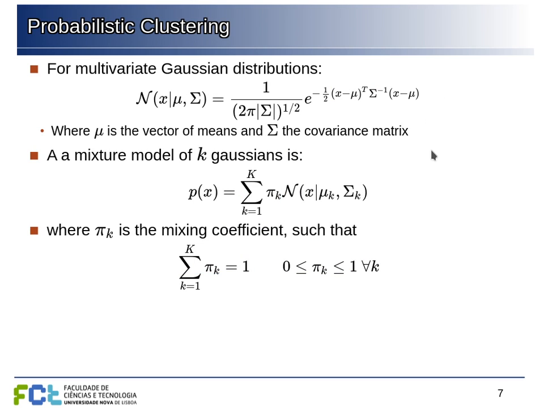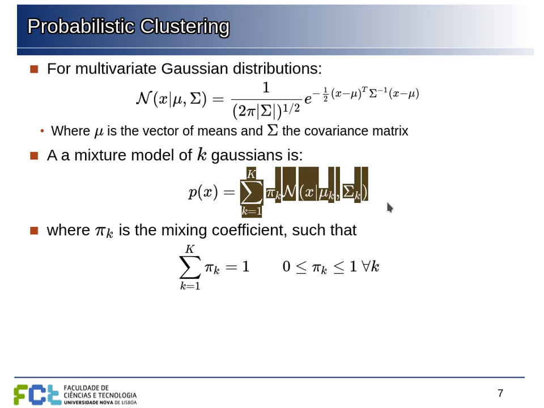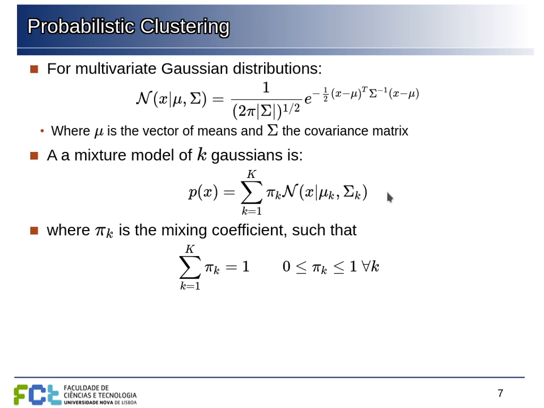So the mixture model of k Gaussian distributions will be this probability distribution that we can obtain by summing all of the individual Gaussian distributions here. Each one has its own central point and its own covariance matrix, and each one has a particular weight.